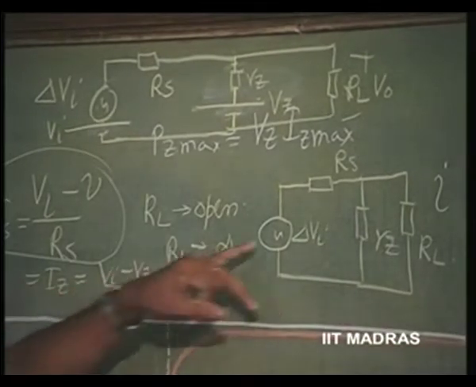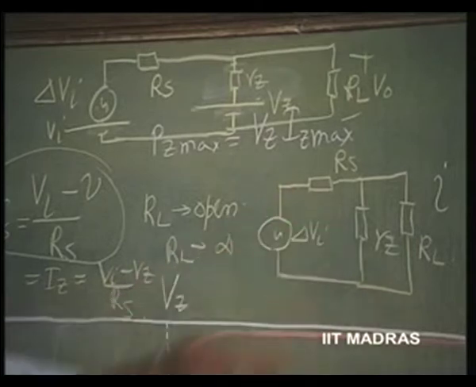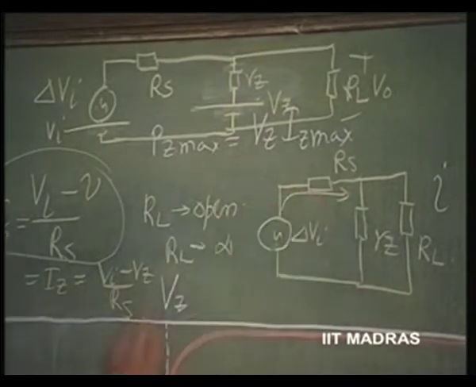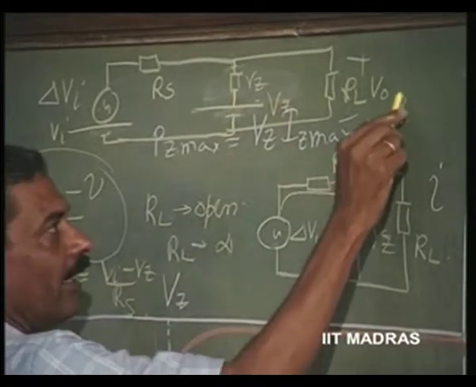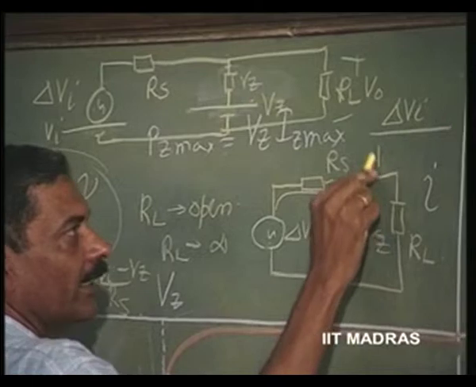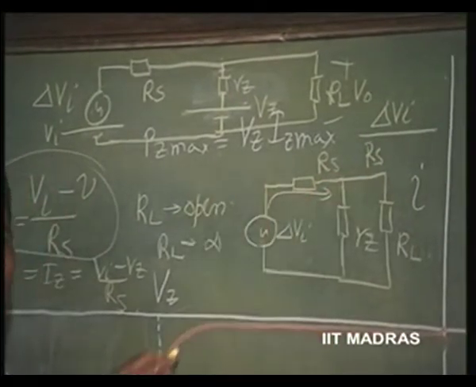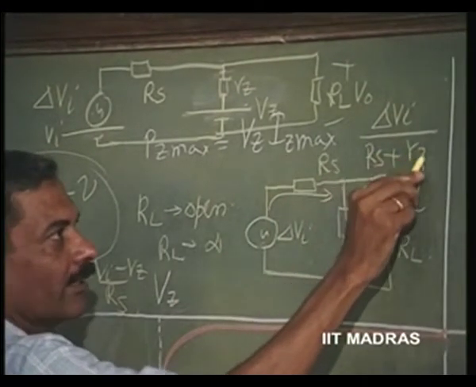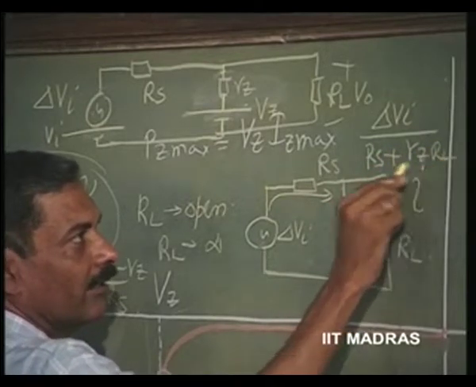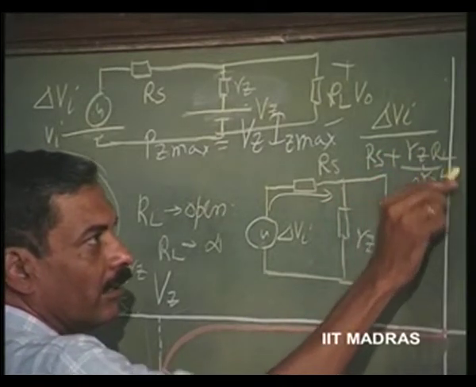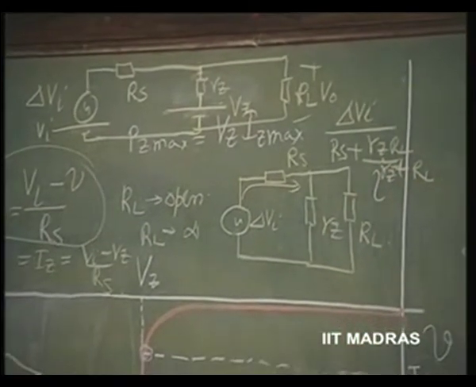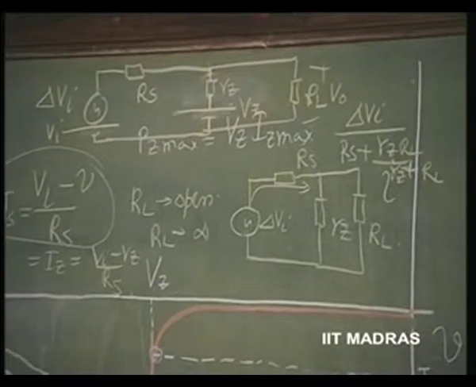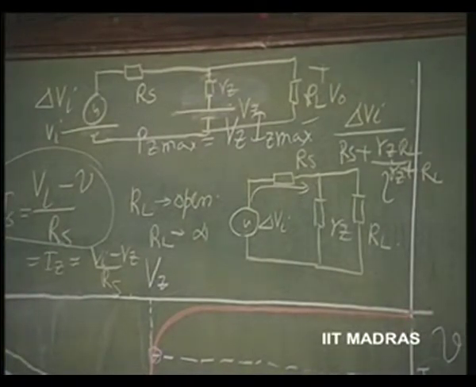This is delta Vi. So, what is the change in current in the circuit? That can be easily obtained by delta Vi divided by Rs, this is one resistance, plus Rz parallel RL. This is essentially, Rz is so small, and RL may be also small.